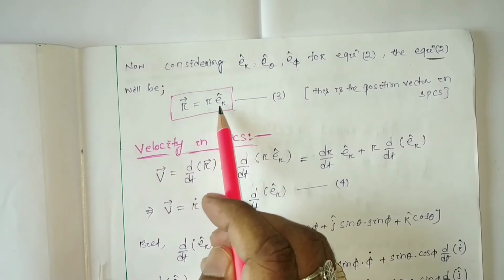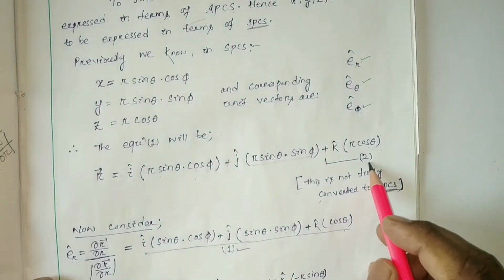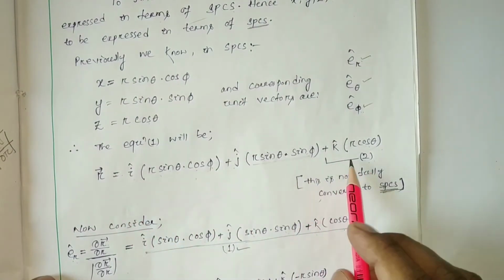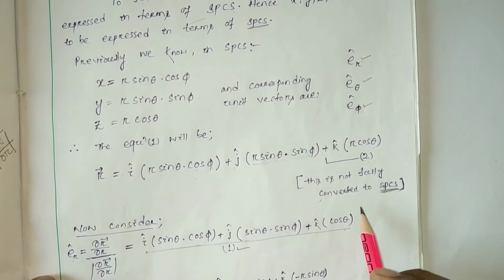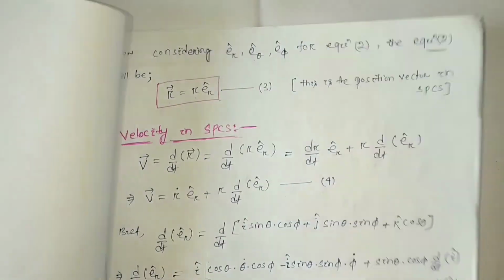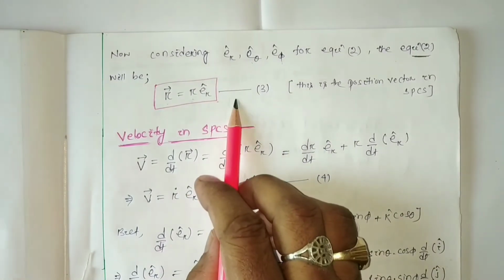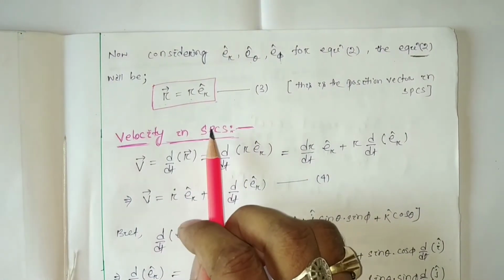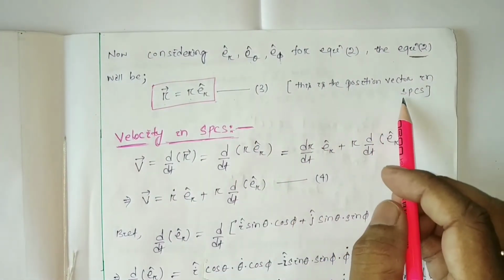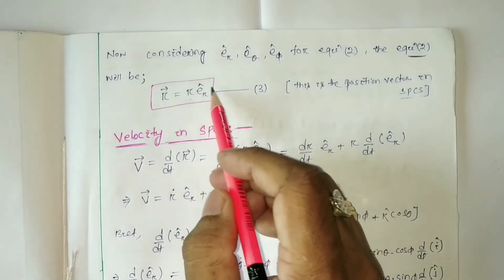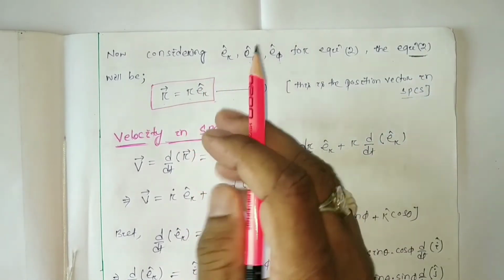The r vector, that means the position vector, will be equal to r e r cap. In equation number 2, the equation does not fully represent the spherical polar coordinate system, but this equation number 3 fully represents the position vector in the spherical polar coordinate system. Here you can see there is no i cap, j cap, k cap.